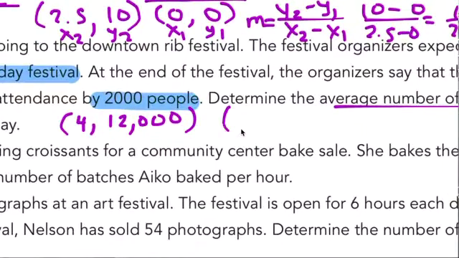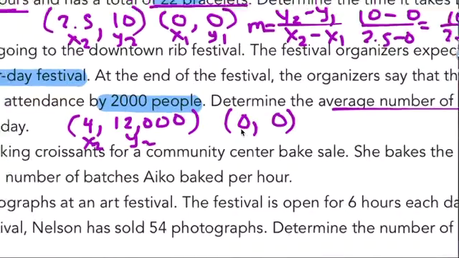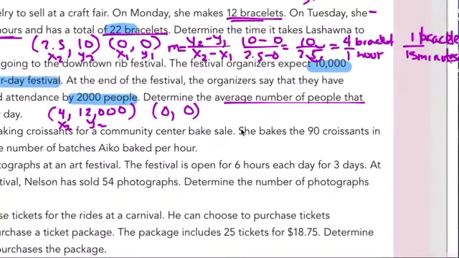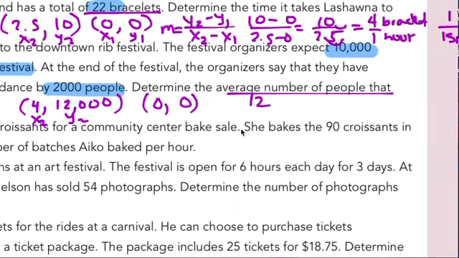Okay, so that's x sub 2, y sub 2. That was the result of 4 days. 0 days, 0 people. So 12,000 minus 0 is 12,000, and over 4, because 4 minus 0 is 4.